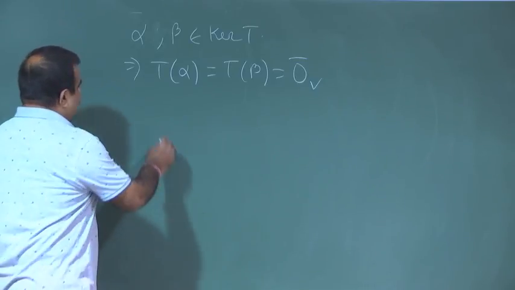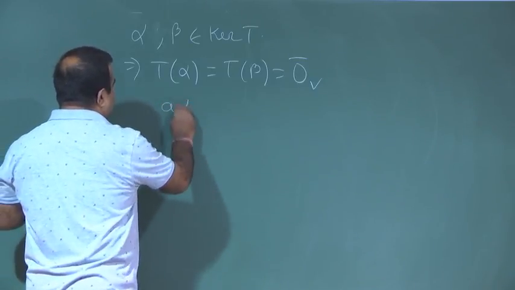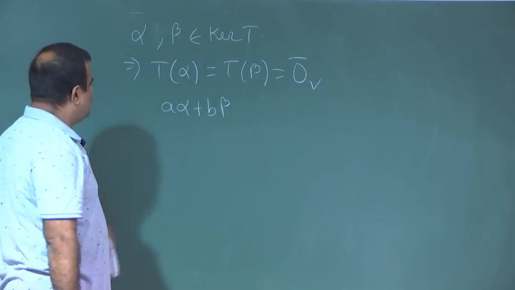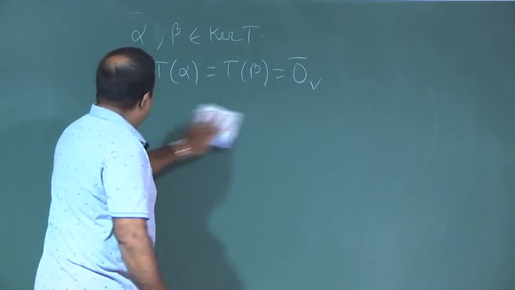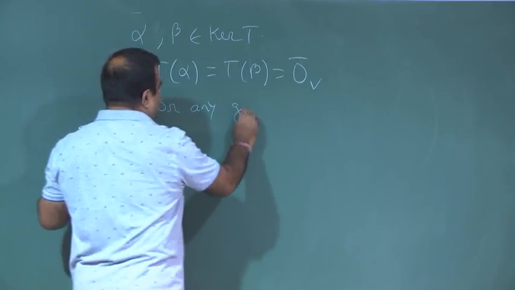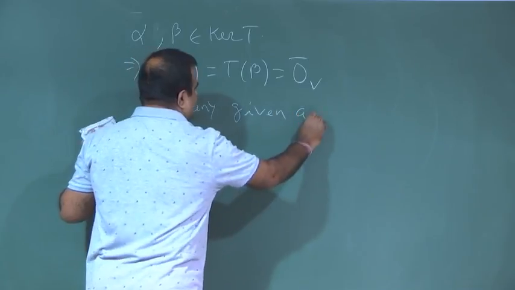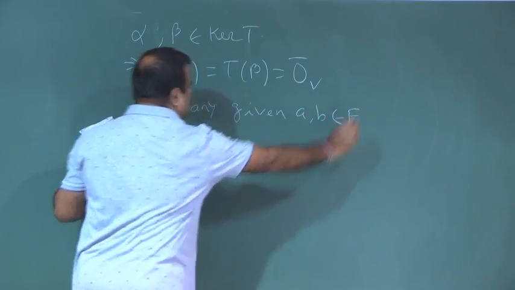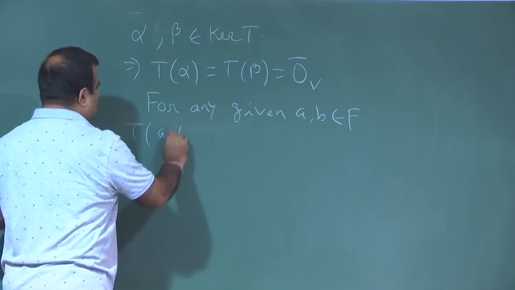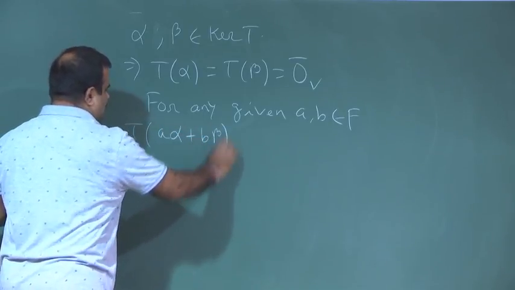Okay. So, now we take a alpha plus b beta for any given a, b from the scalars. We take T of a alpha plus b beta.